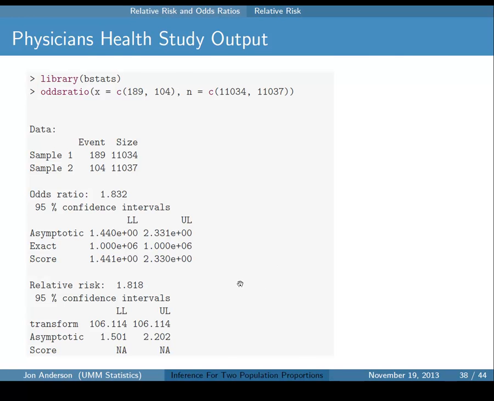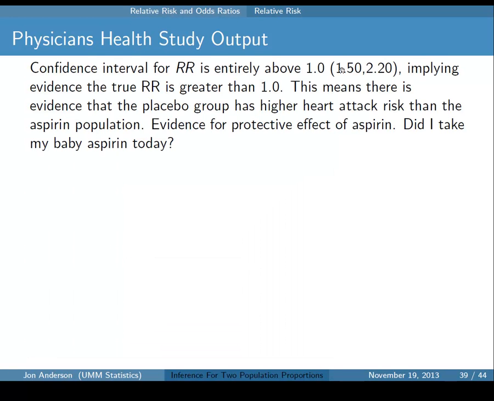The important thing here is that the entire confidence range for the population relative risk, whatever the real underlying relative risk for the comparison is, is above 1. The where's Waldo moment here is: where's 1?